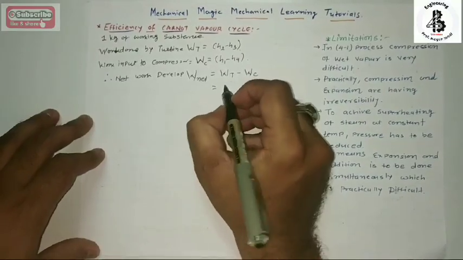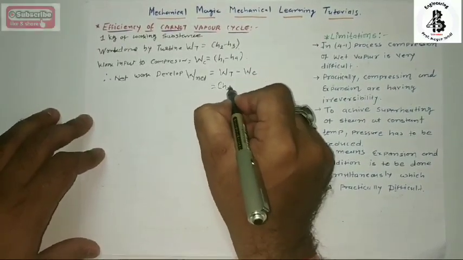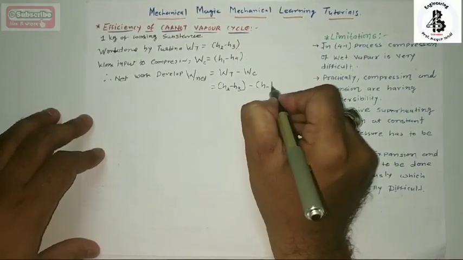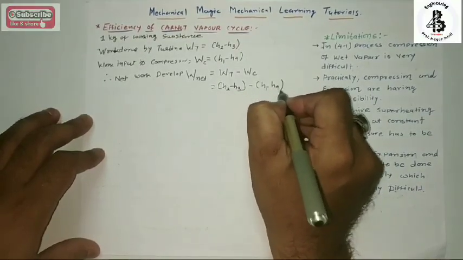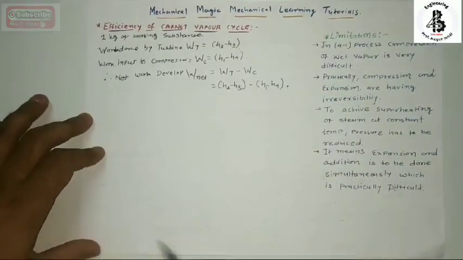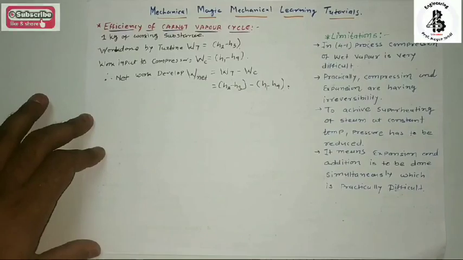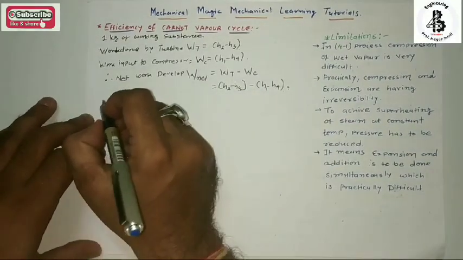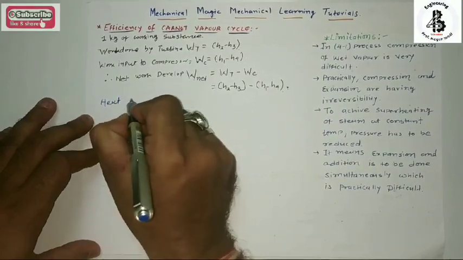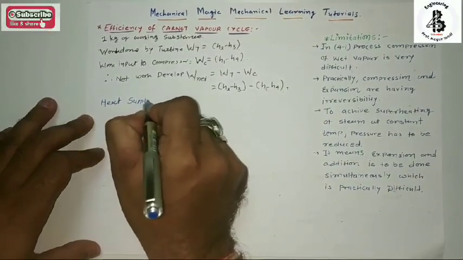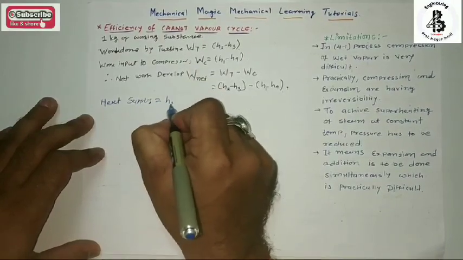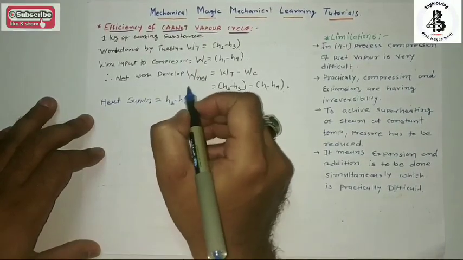So here, H2 minus H3 minus H1 minus H4. Now the condition for heat supplied: the heat supply will be equal to H2 minus H1.